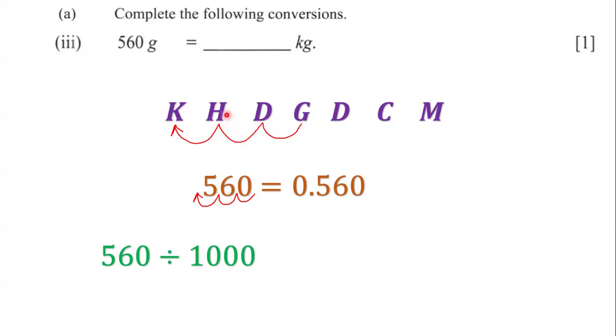So 1, 2, and 3. We put the 3 zeros in the front of the 1. So 560 divided by 1,000 gives us 0.560. And I actually did simplify it to 0.56 because I wanted my work to look nice and neat. So it's 0.56. That's my final answer. You could keep the 0 if you want. Nothing wrong with that. Absolutely nothing wrong with that.